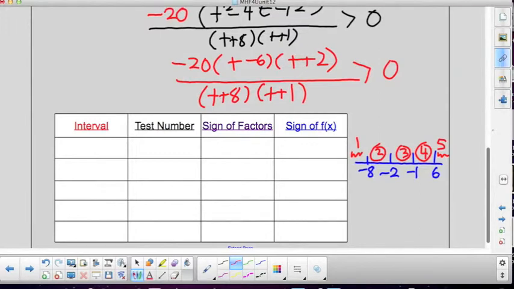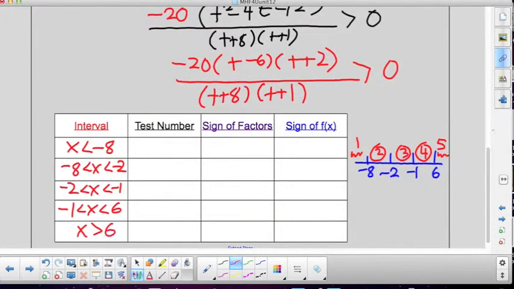So you would have to do one when x is less than negative 8, when x is in between negative 8 and negative 2, when x is in between negative 2 and negative 1, when x is in between negative 1 and positive 6, and finally when x is greater than positive 6. For some reason, kids on the test have no problem with the in-betweens, but they forget the final 2 intervals at the end. So make sure that you don't make that mistake on your test.